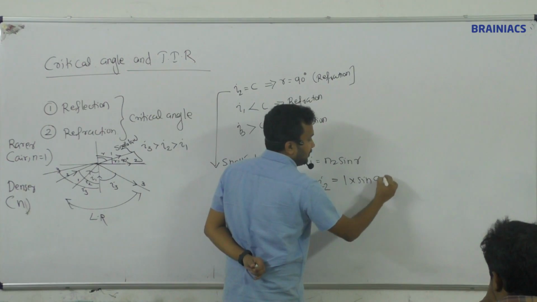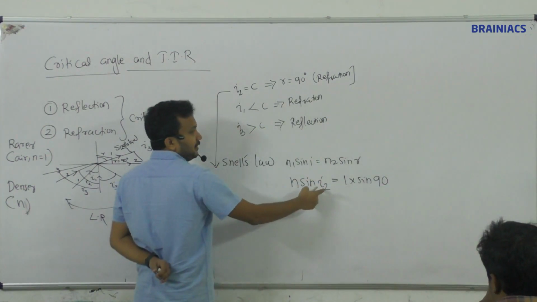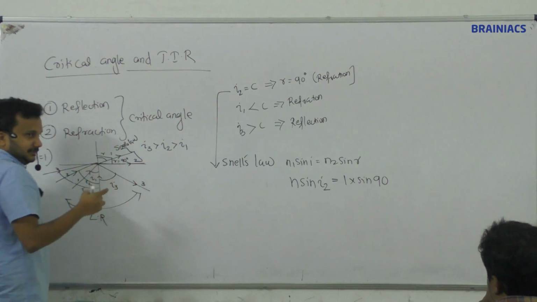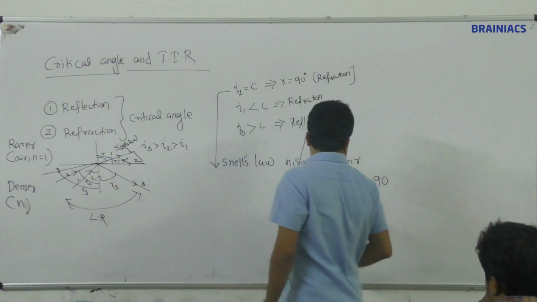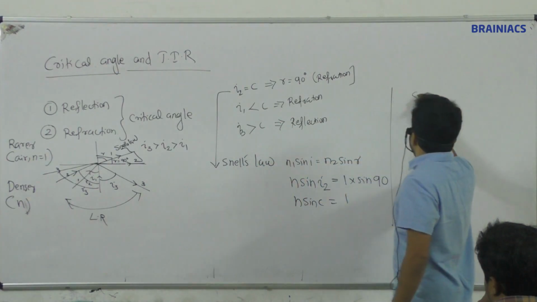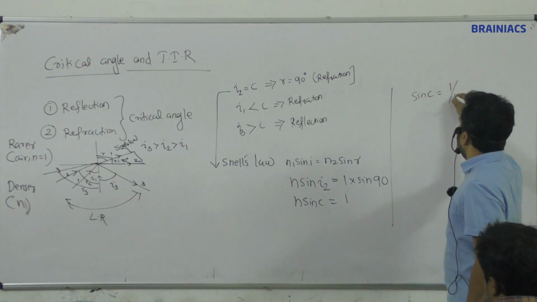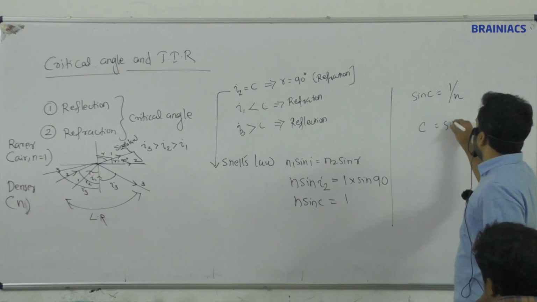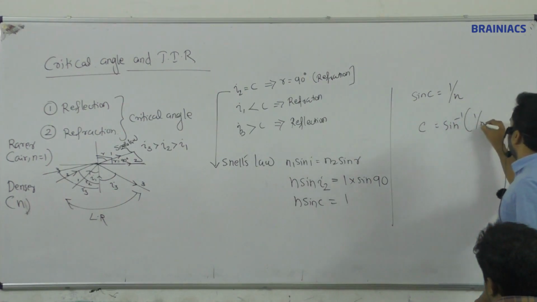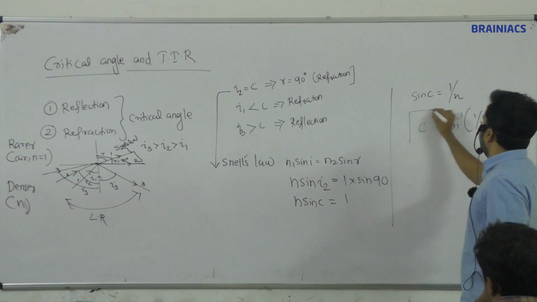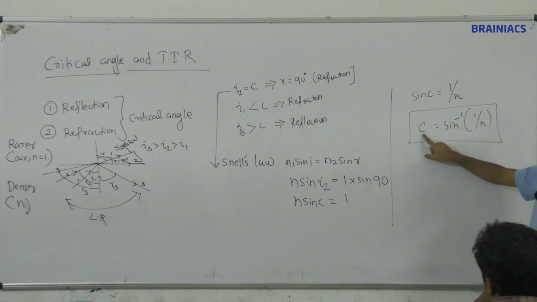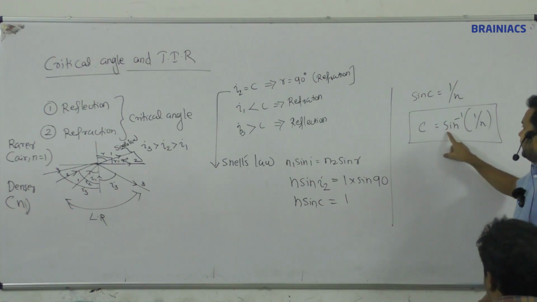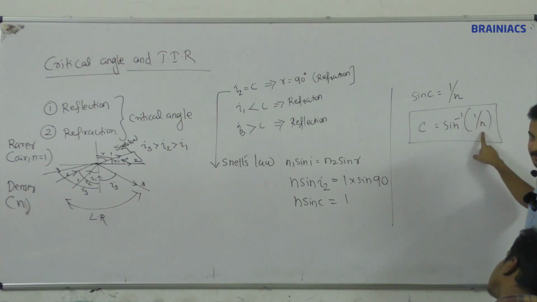Angle of refraction is how much? 90 degrees. So n sine C equal to 1, we can write as sine critical angle equal to sine inverse of 1 by n. So this is the definition of critical angle. Okay, formula is important, of course formula is important. So I can say C is equal to sine inverse of 1 by n, I have written.